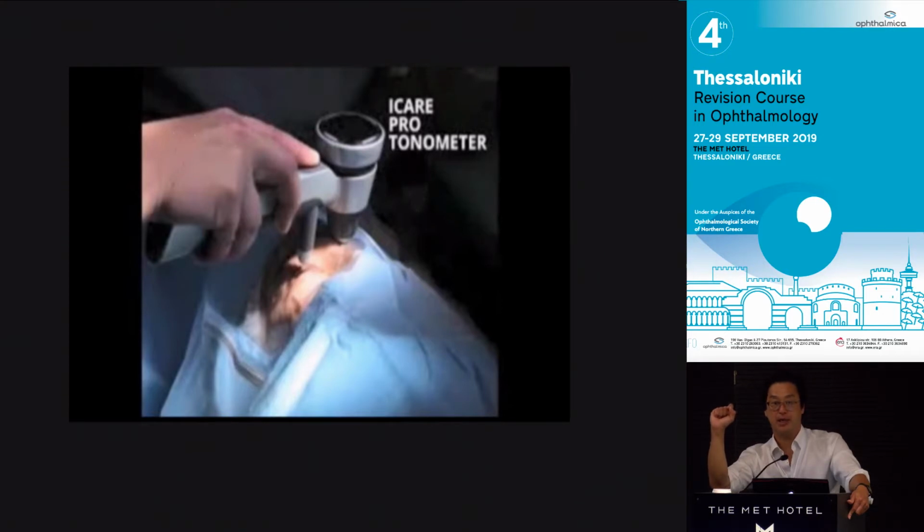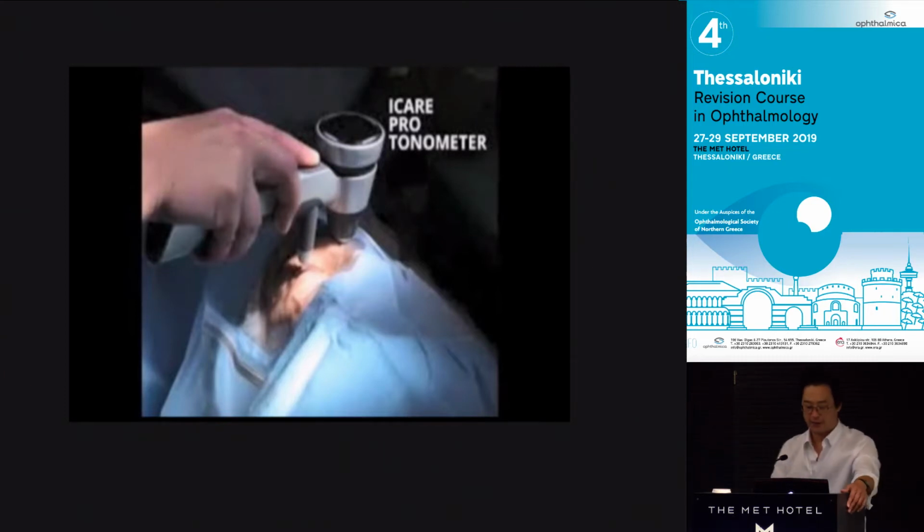So even a Baerveldt 250, the plate is too big for them. Maybe one could consider a Molteno 150, it's about 144. That may be reasonable, but I don't have Molteno, so I decided to use Ahmed. And when the Ahmed works, it can maintain a minimal pressure. In this case, it works quite well. So always think about the Ahmed valve as a possibility in cases with severe uveitis, okay?